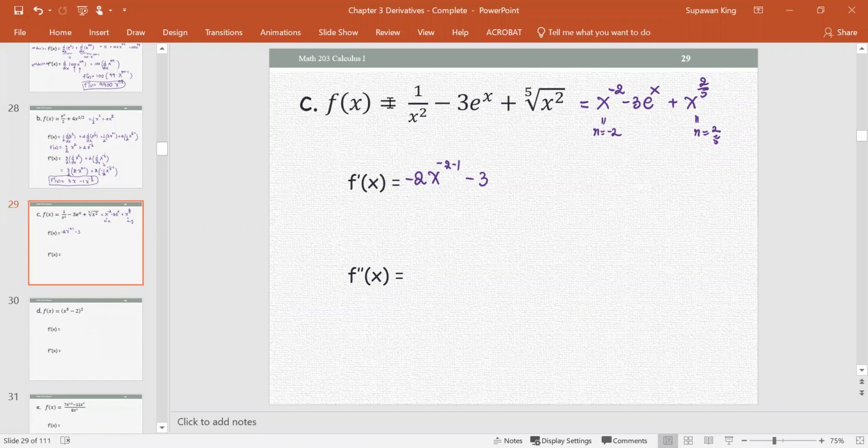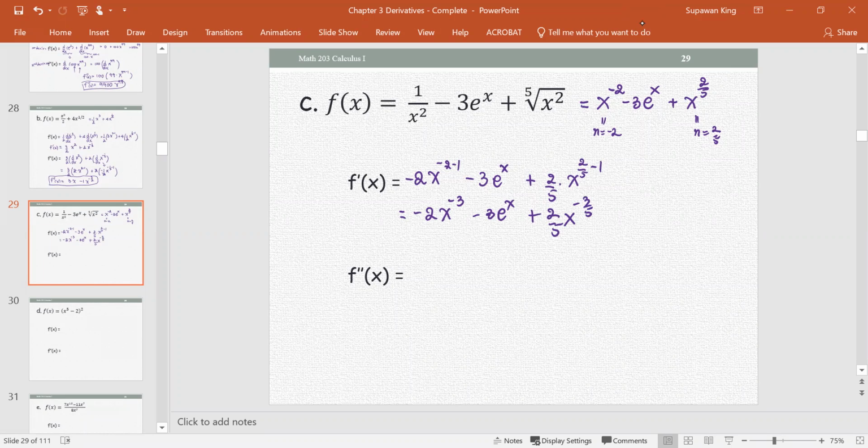The derivative of the exponential function remains the same form as the function. So the derivative of negative 3 e to the x is negative 3 e to the x. The third term, the derivative of x to the power 2/5 is the power 2/5 as a coefficient multiplied by x to the power 2/5 minus 1. And then simplify the power to get negative 2 x to the power negative 3 minus 3 e to the x plus 2 over 5 x to the power negative 3 over 5.